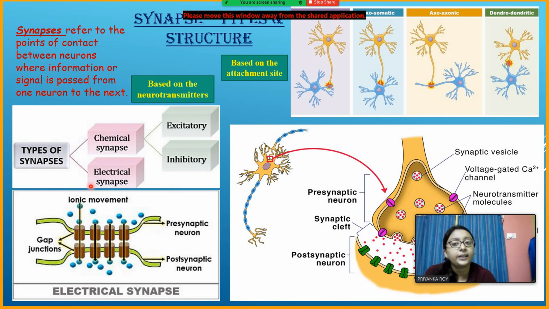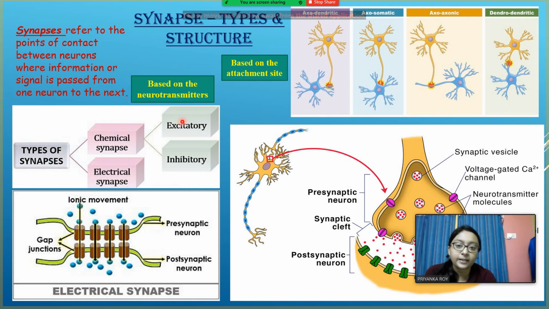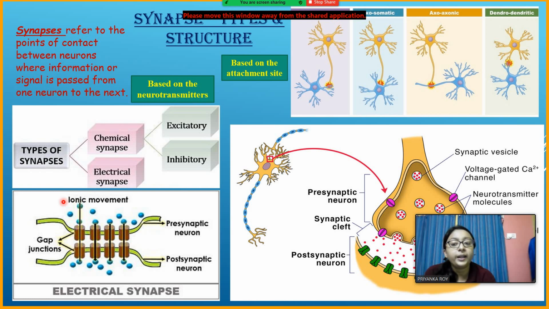Now, based on the neurotransmitters or how the signal is transmitted, synapses can be of two types: chemical synapse and electrical synapse. A chemical synapse can again be of two types, excitatory or inhibitory, depending upon the neurotransmitter that it is releasing. We will discuss neurotransmitters in the next slide. This is known as an electrical synapse because it does not require any kind of neurotransmitter for its connection.